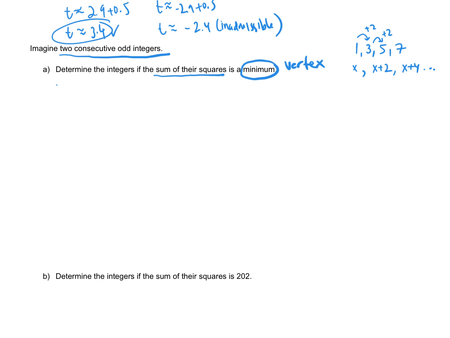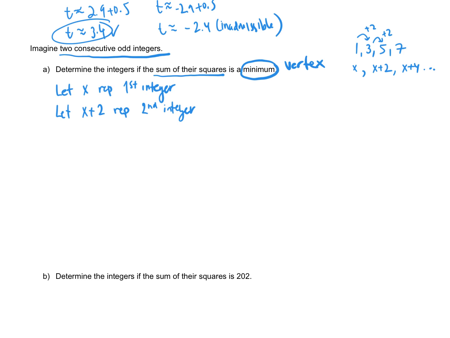So we only have 2 of them. So I'm going to say let x represent first integer, and then let x plus 2 represent second integer. So that's not the next number, but the one after, which would be the next odd.